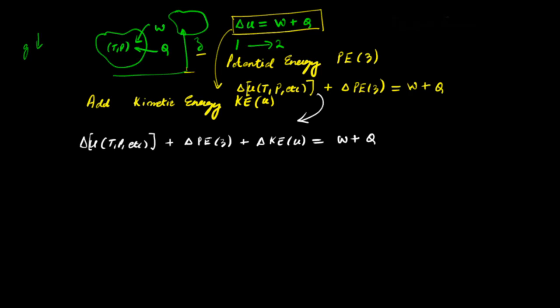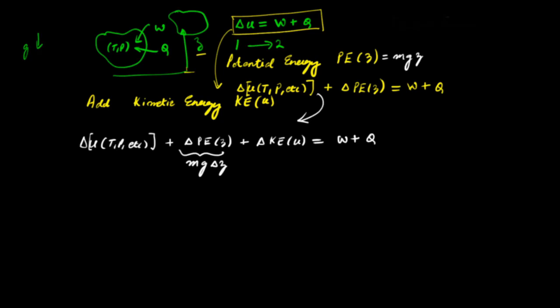And these functions, that is PE, that is potential energy, we can easily express in terms of the observable properties, that is the elevation. So if you have a system of mass m and g denotes the acceleration due to gravity, then the potential energy would be mgz, and the change in potential energy would be mg times delta z.